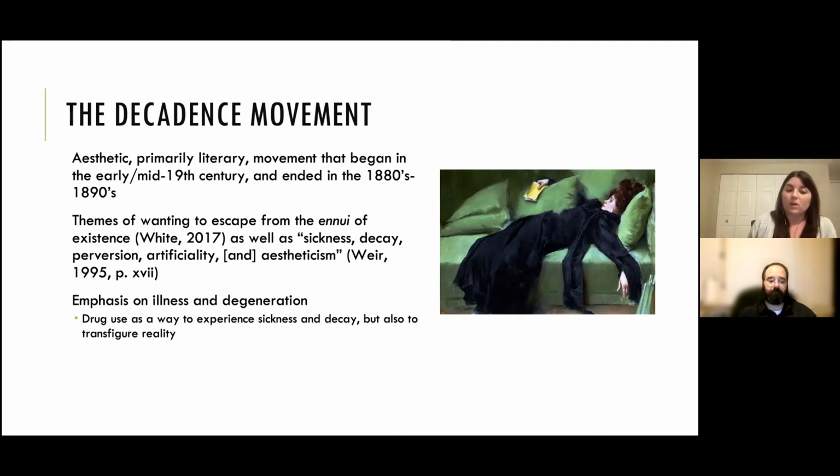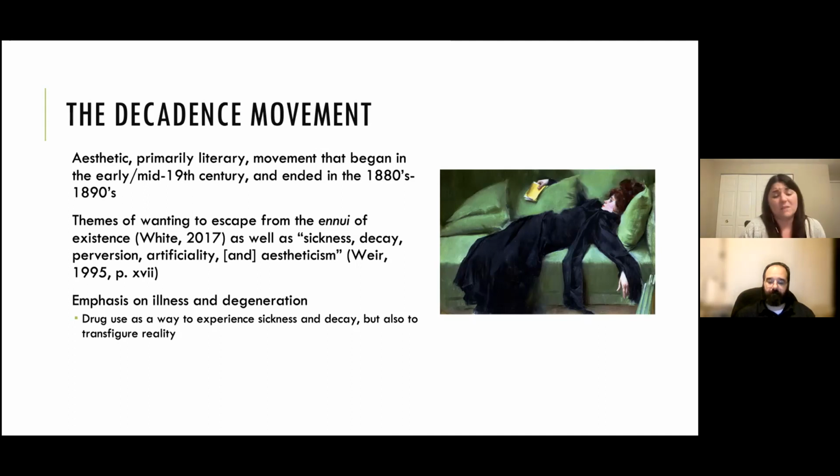So here we see a large emphasis on illness and degeneration, but whereas Morel is sort of warning against the dangers of degeneration and how society is creating these degenerate individuals, the decadence movement, on the other hand, is really celebrating it. They're celebrating decadence or degeneration as being productive and beautiful.